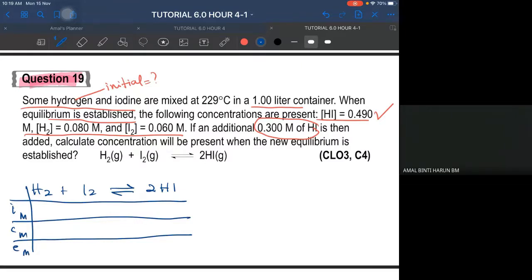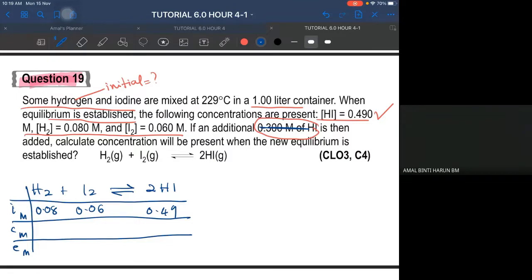Okay. Initially dah reach equilibrium. Apa concentration at equilibrium? 0.49 HI, H2 0.08, I2 0.06 molar.